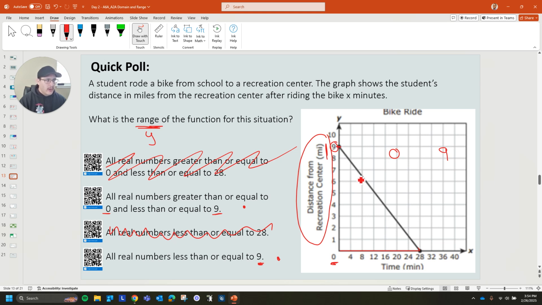Okay, so we're good so far. But then according to that verbiage, less than or equal to 9 also includes everything below 0, but there is a clear stop right there. Therefore, this last one doesn't make sense. The only one that makes sense is this answer right here.